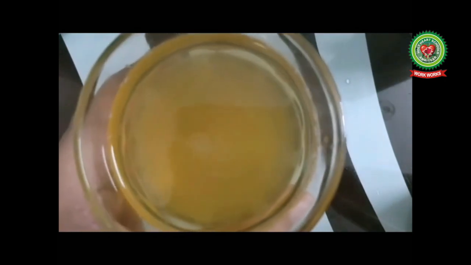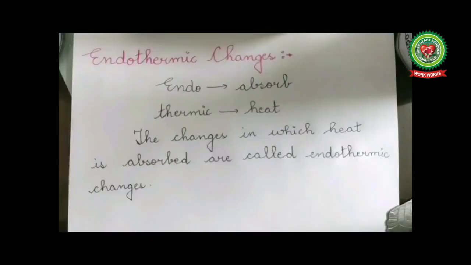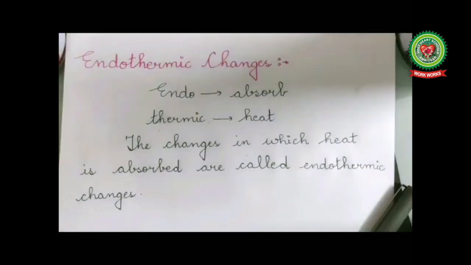And this type of change in which heat is absorbed is called endothermic change. Endothermic changes. Endo means absorb and thermic means heat. So, the changes in which heat is absorbed, taken in, are called endothermic changes. Now, let's discuss some more examples of endothermic changes.